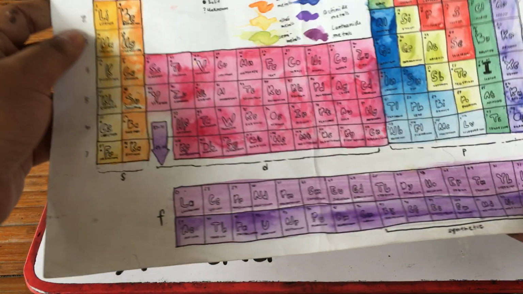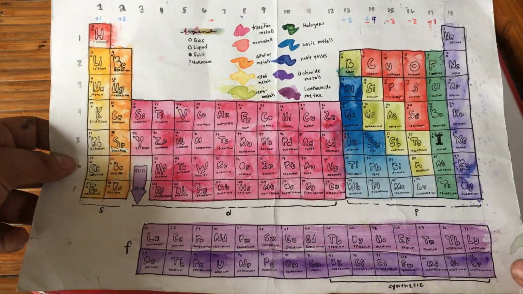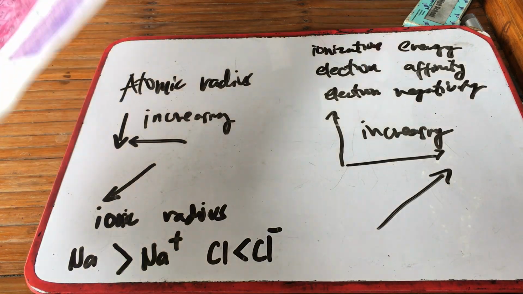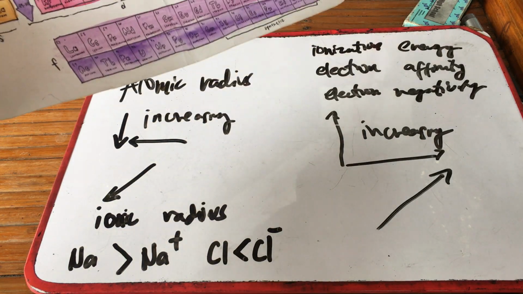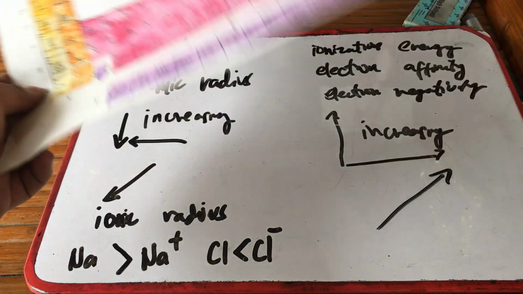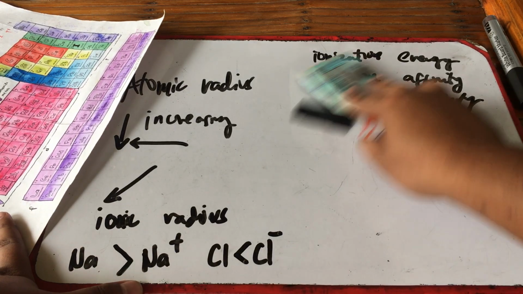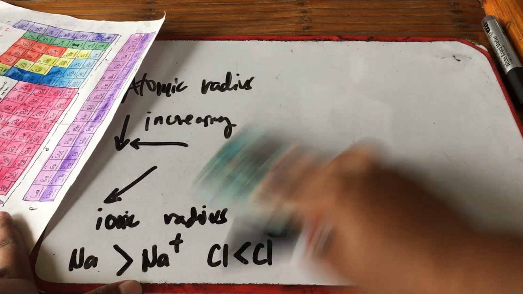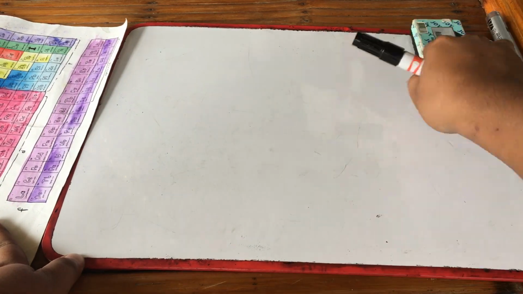So let's now compare some of the elements in terms of atomic radius, ionization energy, electron affinity, and electronegativity. So take note of this and submit it when you have your power and internet already.